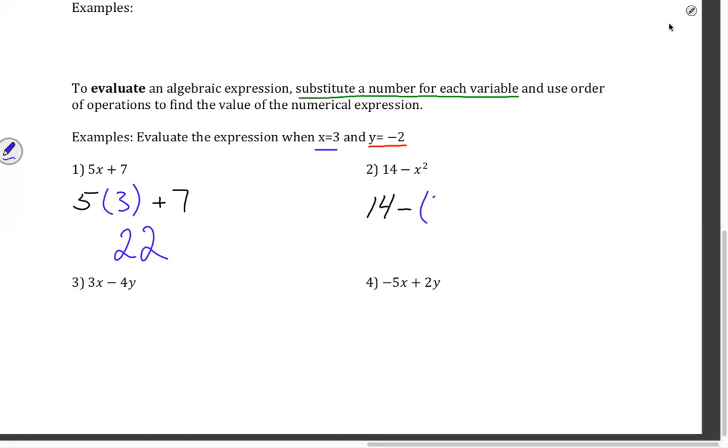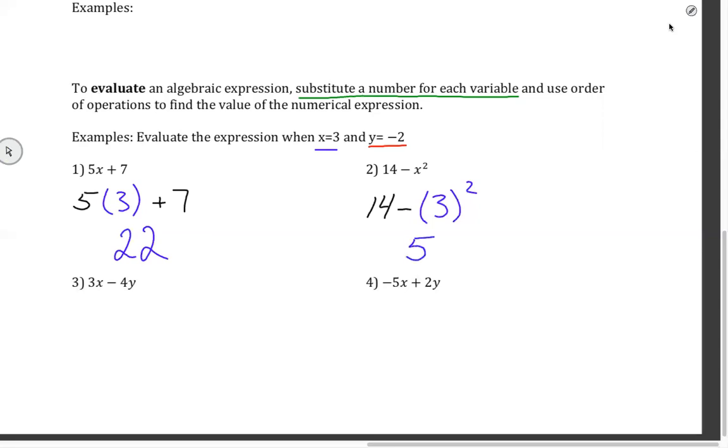X was 3, so I'm going to have 3 squared. Harshan, what is 14 minus 3 squared? 5. Perfect.